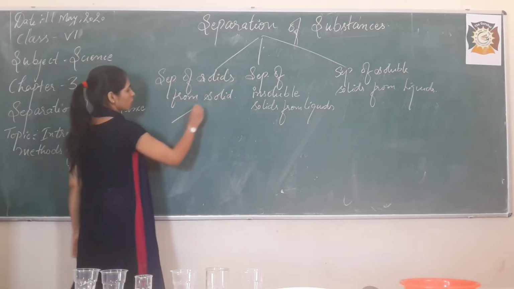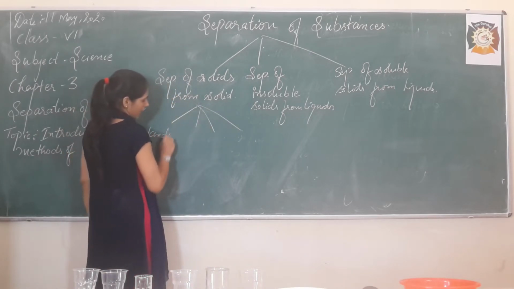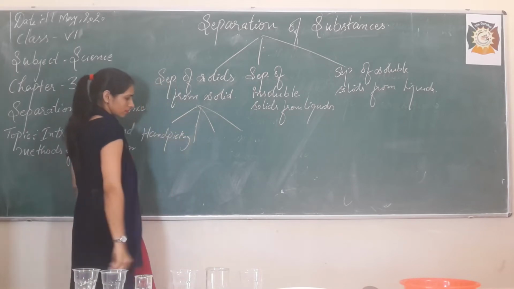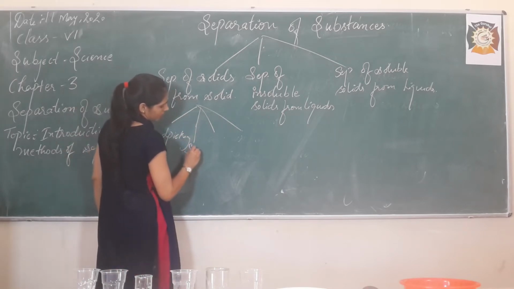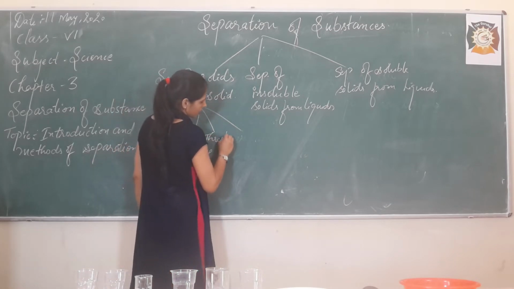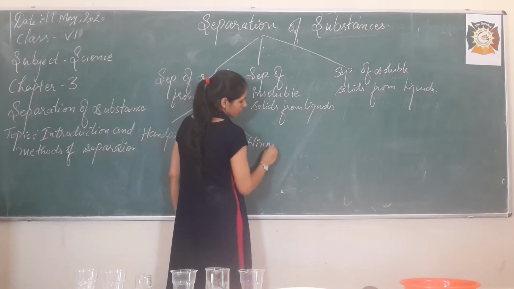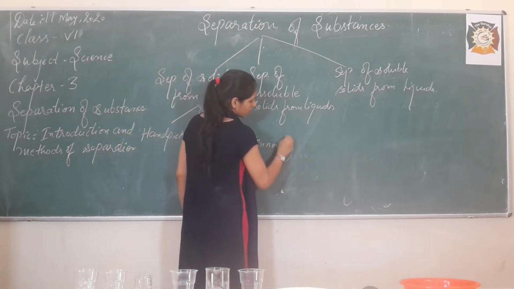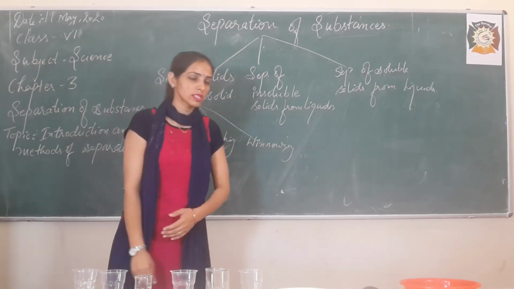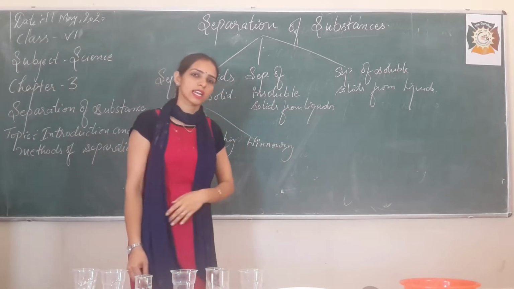For this, we use 4 methods. First one is hand picking. Next is sieving, then threshing, and the next method is winnowing. So these 4 methods we use for separation of solids from solids.